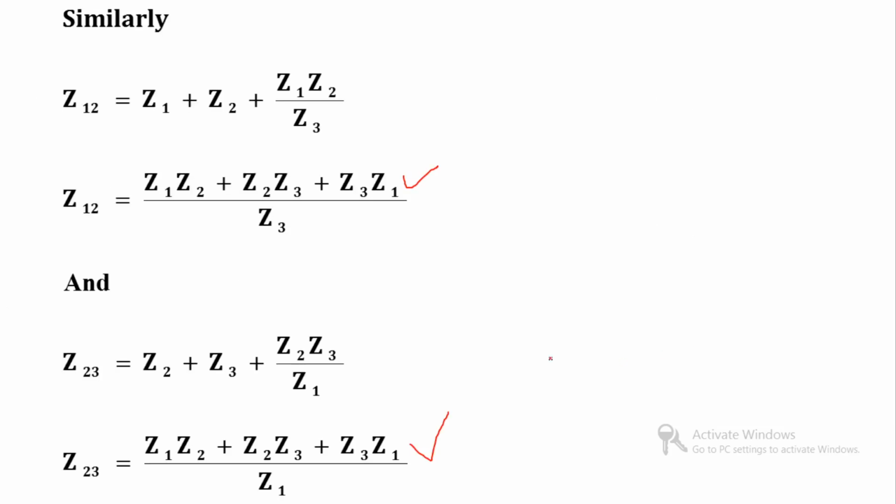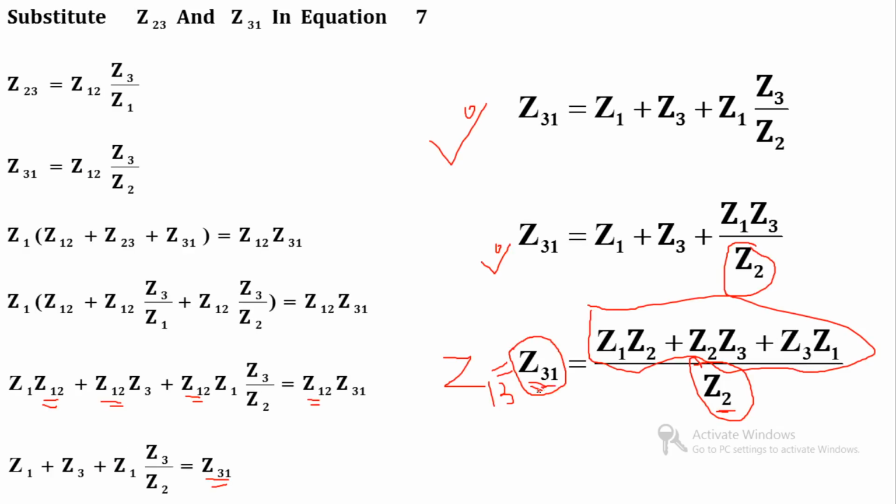And in the denominator you can see that it is the impedance which is not connected with 1 and 2. Clear? So, if you are going to find Z12, then you have to divide by Z3. If you want to find out the impedance of Z23, then you have to divide with Z1. If you want to find out Z13, then you have to divide with Z2.